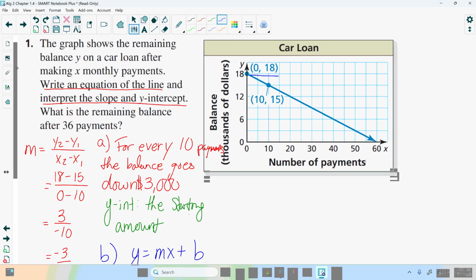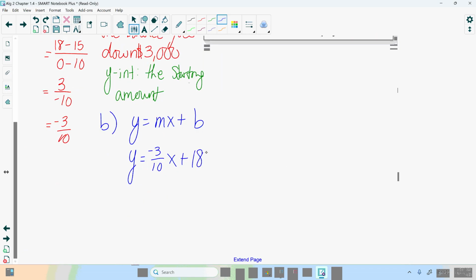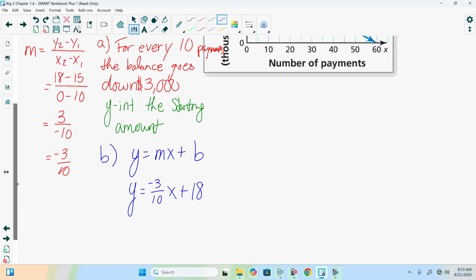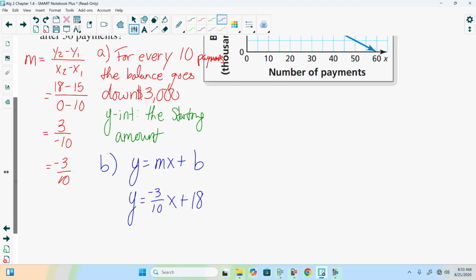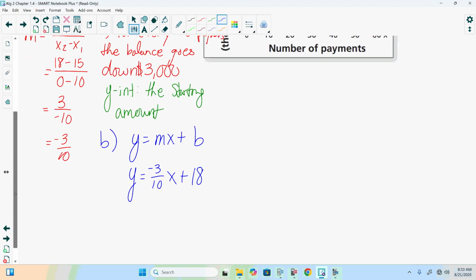So it would be 18. That's our equation. y equals mx plus b, m is our slope, -3/10. b is our y-intercept, so 18. y equals -3/10 x plus 18.